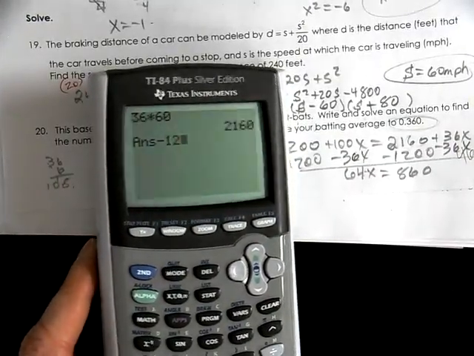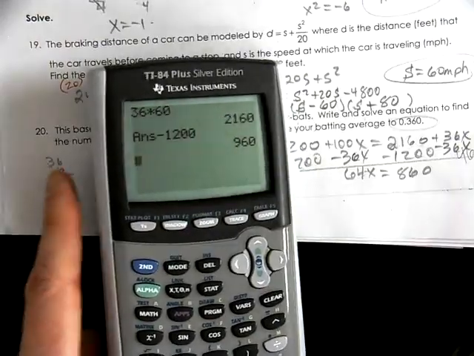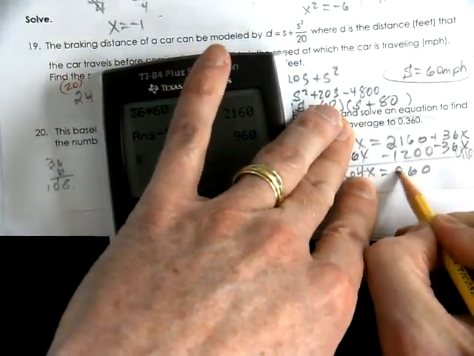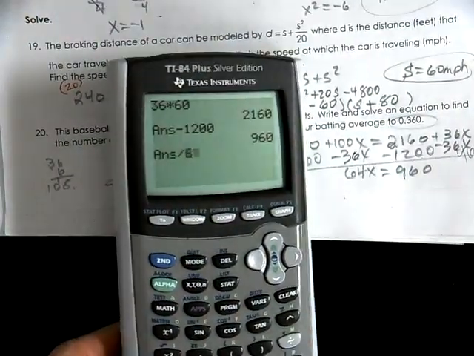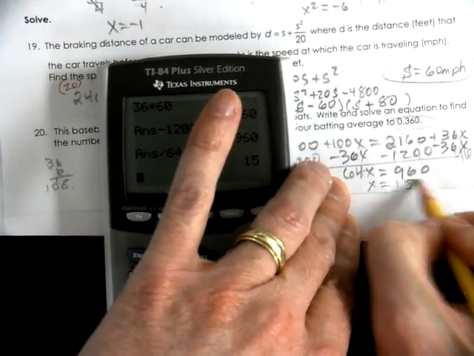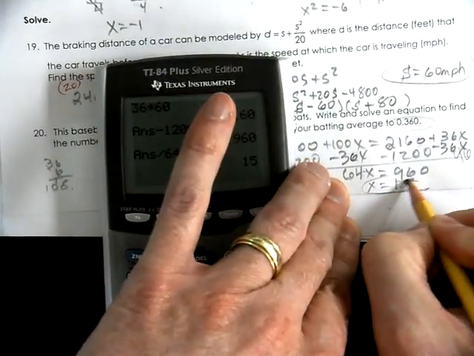So we'll subtract our 1,200. So that's 960. A little off today. And then we divide that by 64. 15. You need 15 more at-bats in a row.